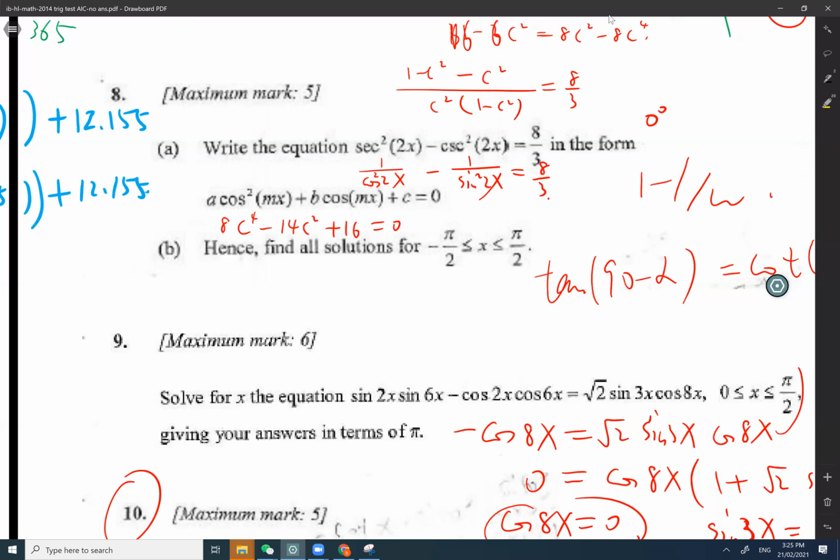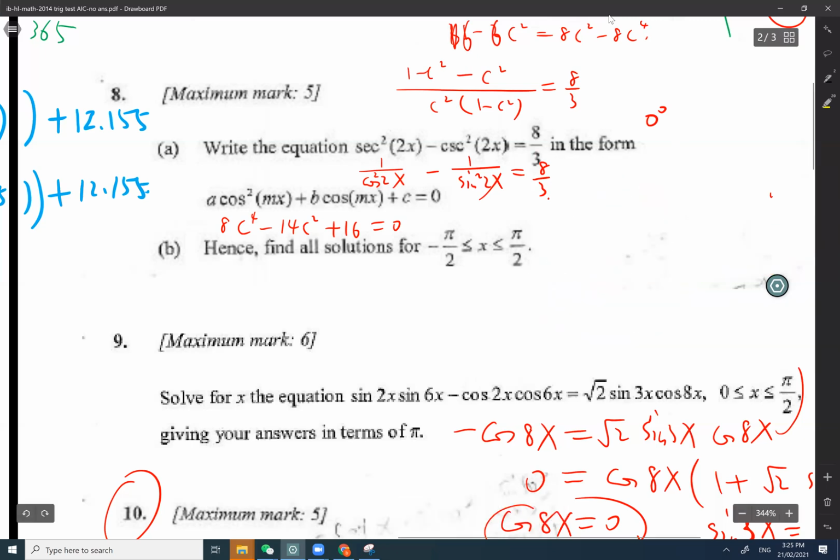I think the original question, they hope you got something with cos 4x squared. Cos 4x equals 0. Should be like this. Let's have a look. Redo it. c squared s squared, c squared minus s squared minus c squared.